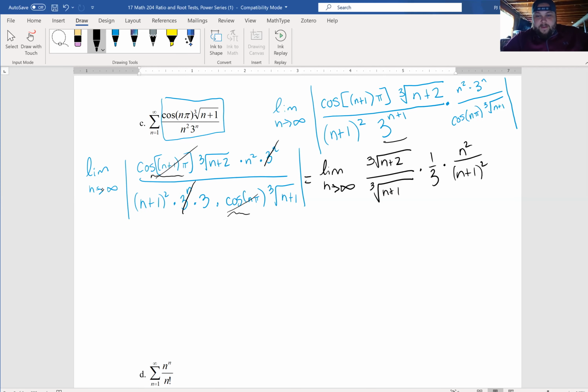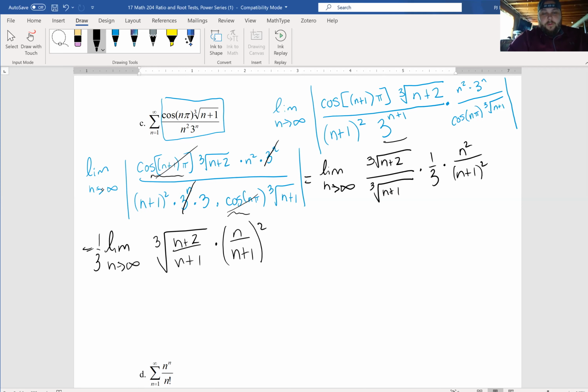So what I'd like to do now is put these cube roots together and these squares together, and then evaluate the limits. So this is going to be the cubed root of n plus 2 over n plus 1. Again, there's still a 1/3. I'm going to go ahead and throw it out in front. And then n over n plus 1, all squared.